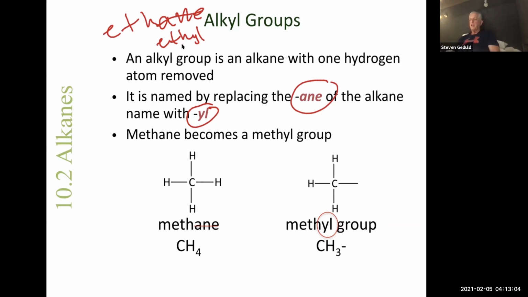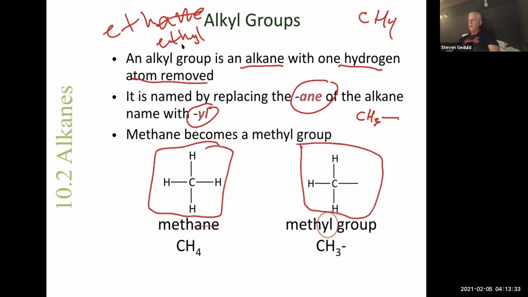Okay, so an alkyl group is an alkane with 1 hydrogen atom removed. So this is methane, CH4. So methyl would be CH3 with an attachment. We drop one of the hydrogens and make an attachment to the carbon chain. So this is methane.